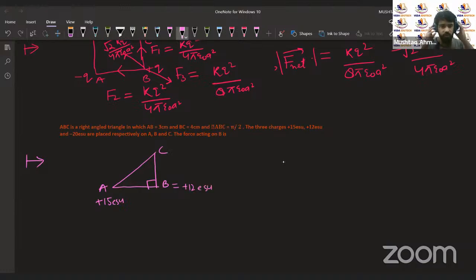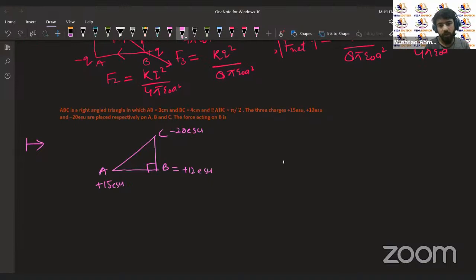This is a CGS unit of charge, and minus 20 electrostatic units of charge is placed on C. The question is the force acting on charge B.